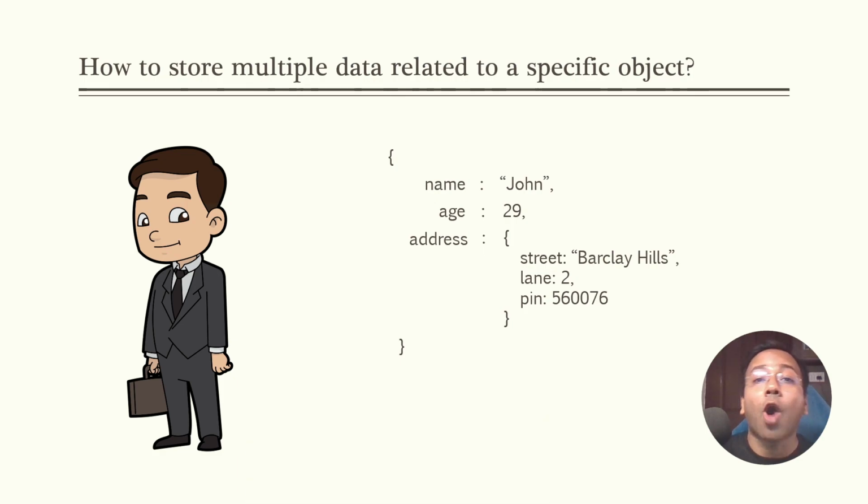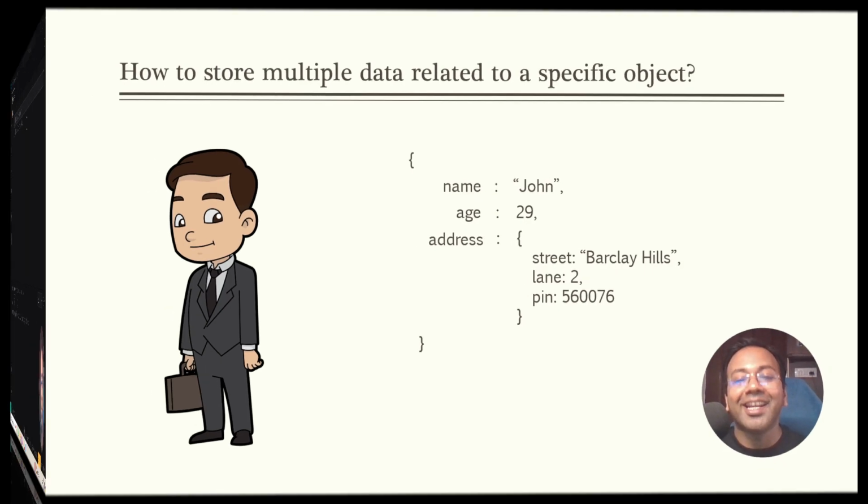So this is how you use the object data structure to capture related information about a specific person or thing. Let's dive into Visual Studio Code and explore in detail how you can utilize that in your programming and take advantage of objects as a data structure.